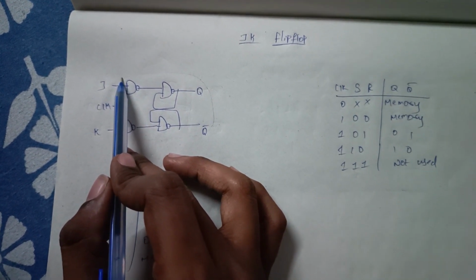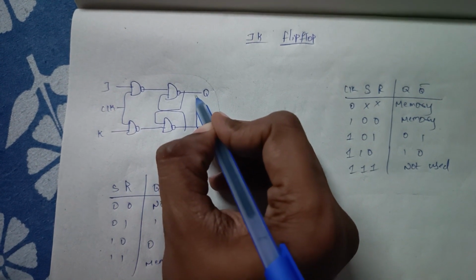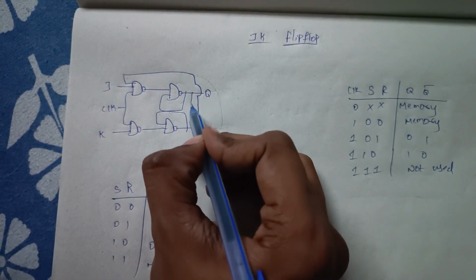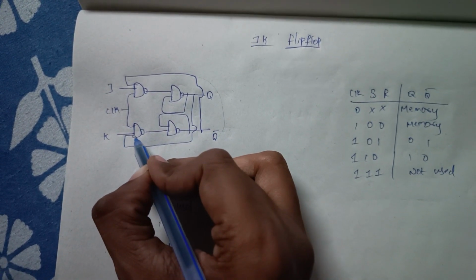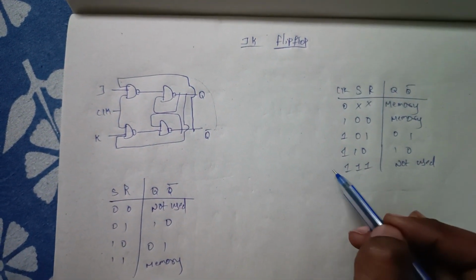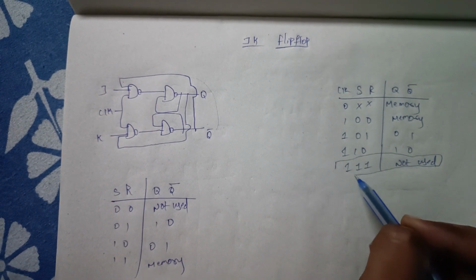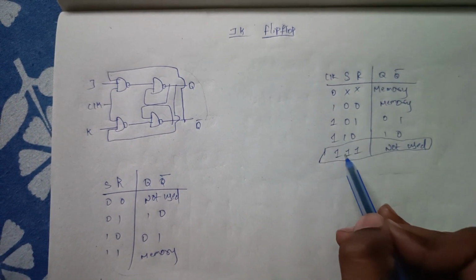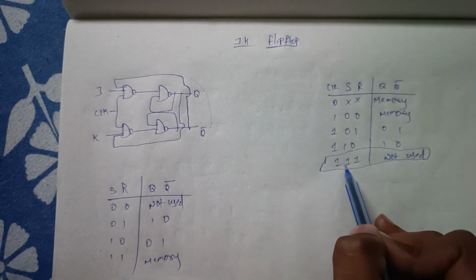To make this JK flip-flop, just connect the Q bar output to the J input and the Q output to one of the inputs of the K NAND gate. Except for this case, all the remaining cases will be similar to the SR flip-flop. Only this particular condition changes in the JK flip-flop. Let us see how it changes in the JK flip-flop.